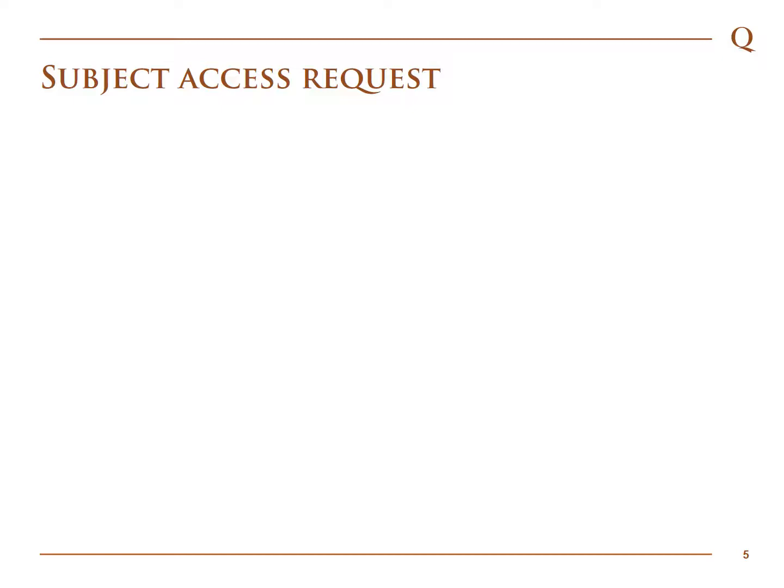If you are dealing with a subject access request, it's important to consider that an individual has the right to obtain information as to whether or not personal data is being processed about him or her.